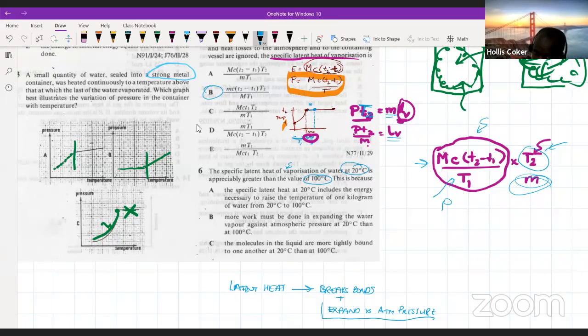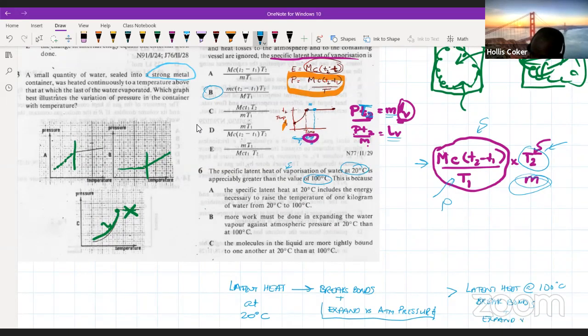So I'm saying this at 20 degrees Celsius is greater than the latent heat at 100 degrees Celsius. Here, you have to break bonds again and expand against atmospheric pressure.